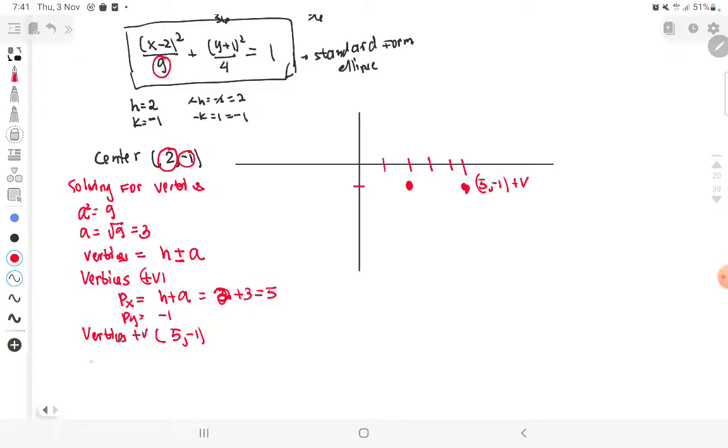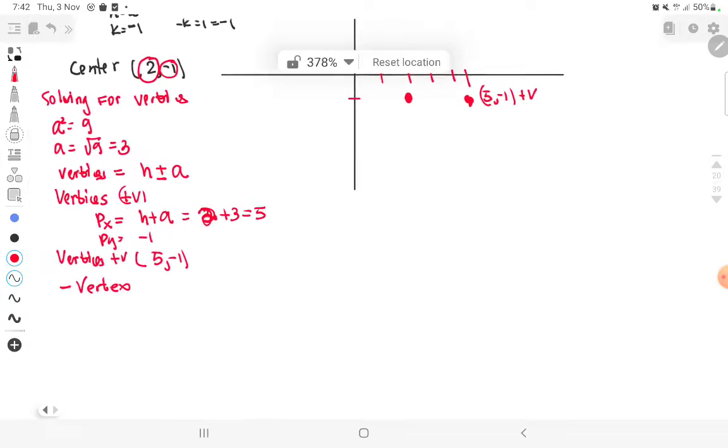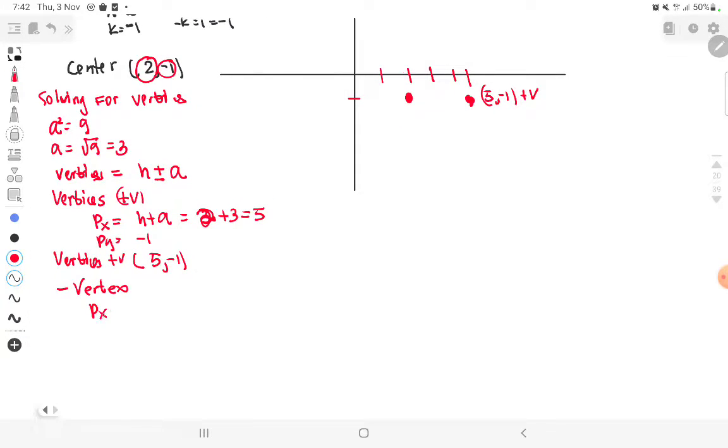Now for my negative vertex, I will have px is equal to h minus a, wherein we'll have 2 minus 3 is equal to negative 1. So therefore my py is equal to negative 1. Why?